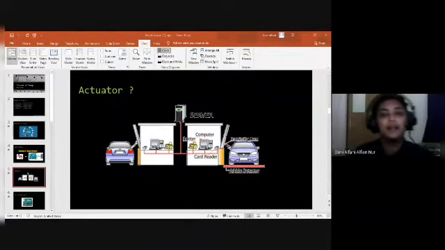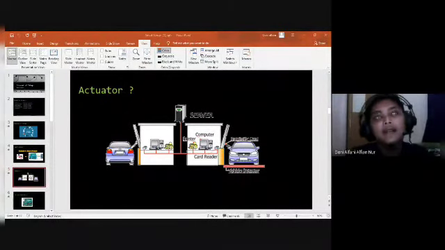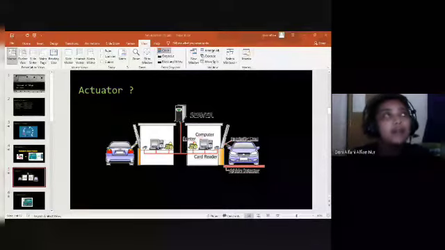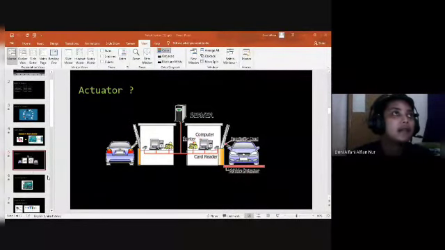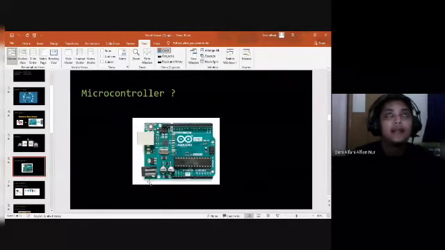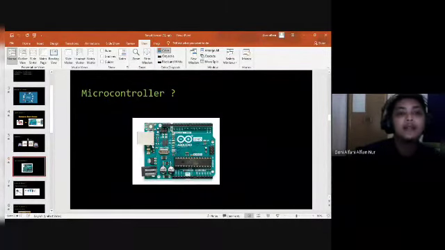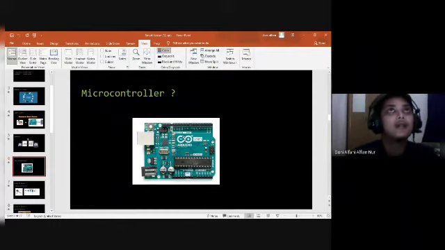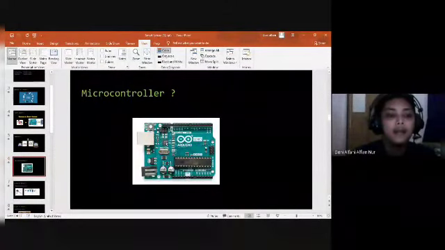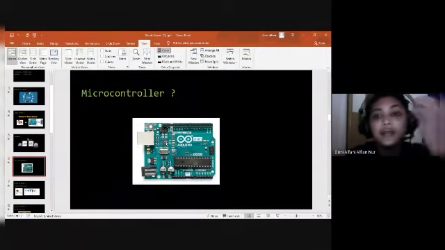Assalamualaikum warahmatullahi wabarakatuh. Thank you, Rafliq. Well, I will explain about microcontroller, because microcontroller is an important part of a sensor. A microcontroller is a small computer that is packed in an IC.